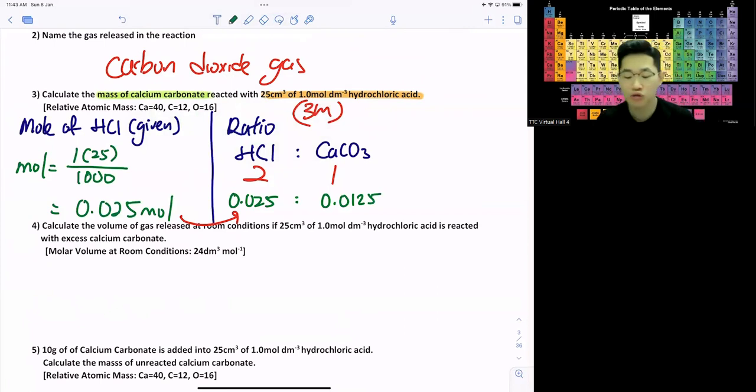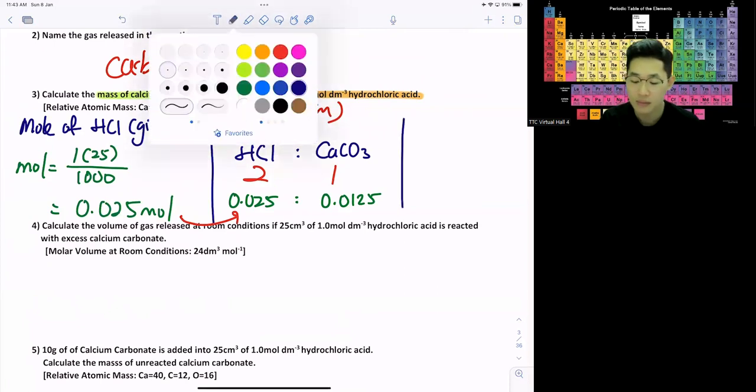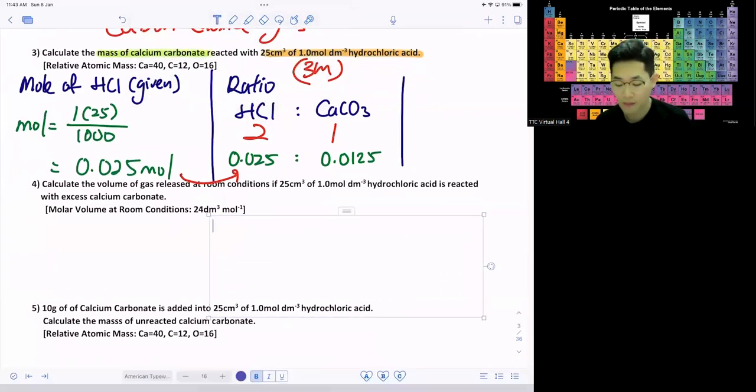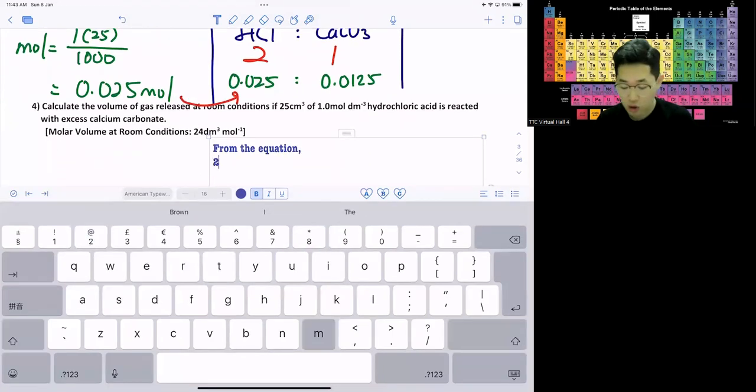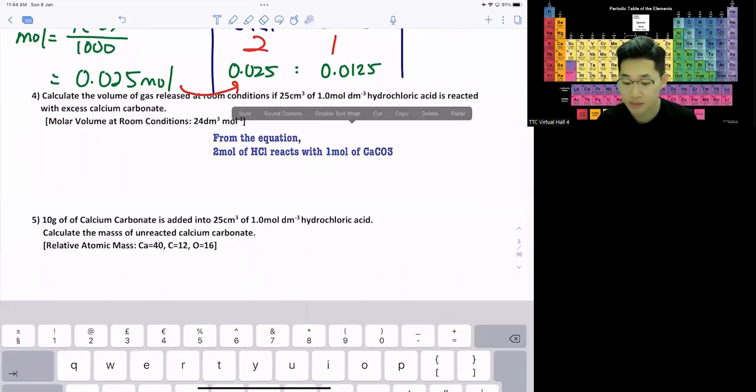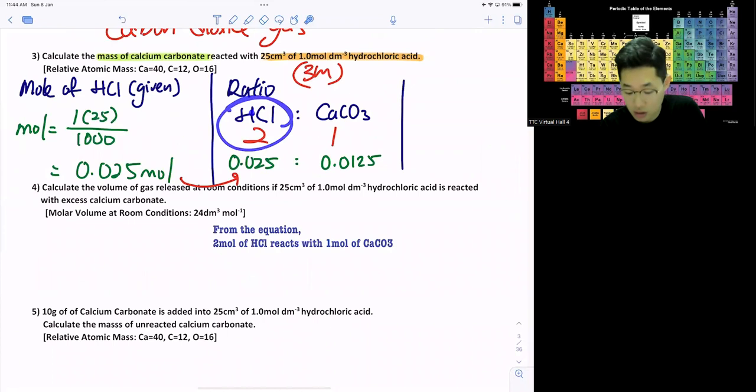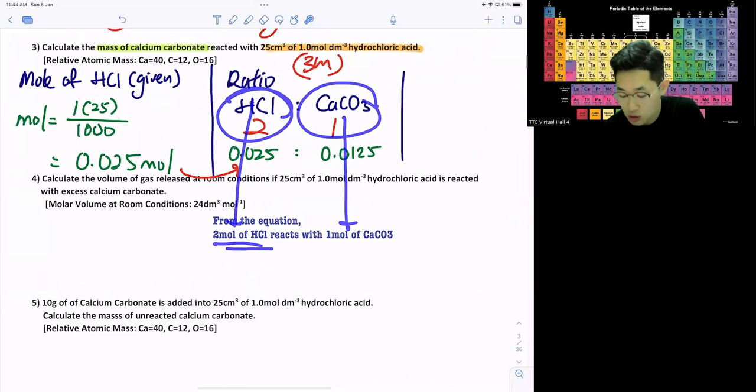Okay, so how to do this in a sentence form? If your school teacher wants you to write a sentence, you write the sentence from the equation. Two mole of HCl reacts with 1 mole of CaCO3. Basically, you're just turning this into words. 2:1.